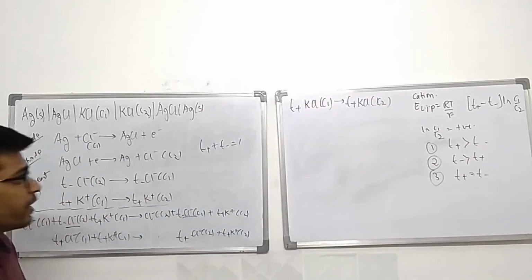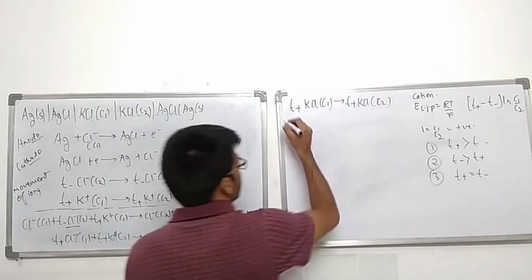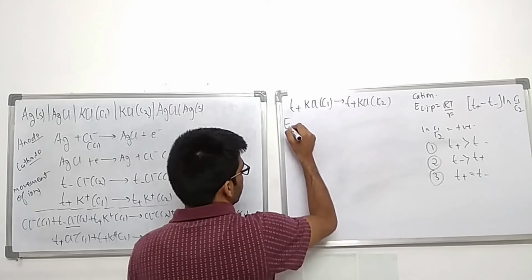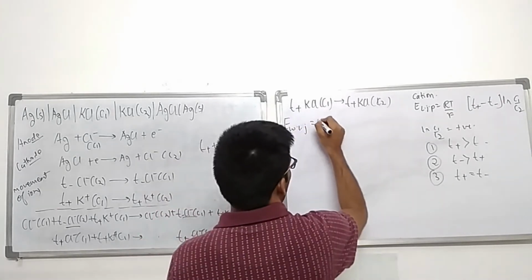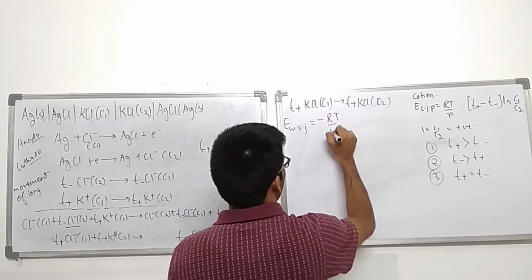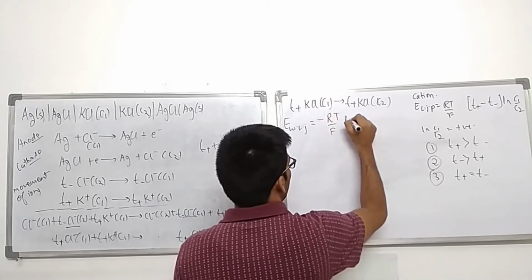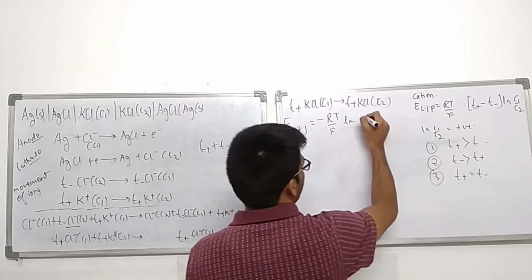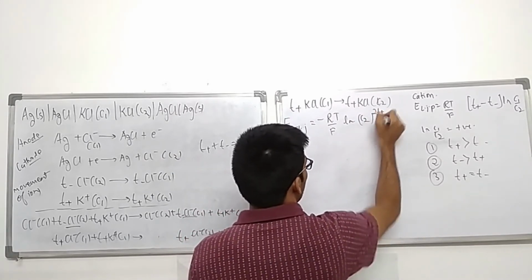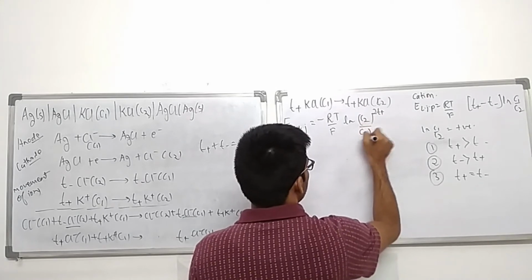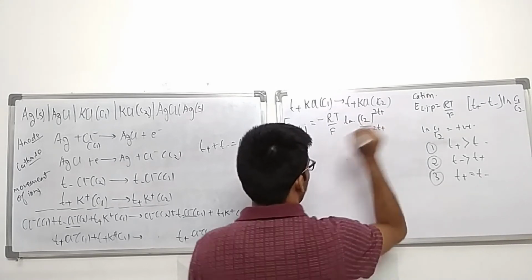Okay, fine. Now I want to find the potential with liquid junction. So what would I get? I would get minus RT by F ln. Now the product side has 2C2, so I get 2T plus C2 by C1 2T plus.